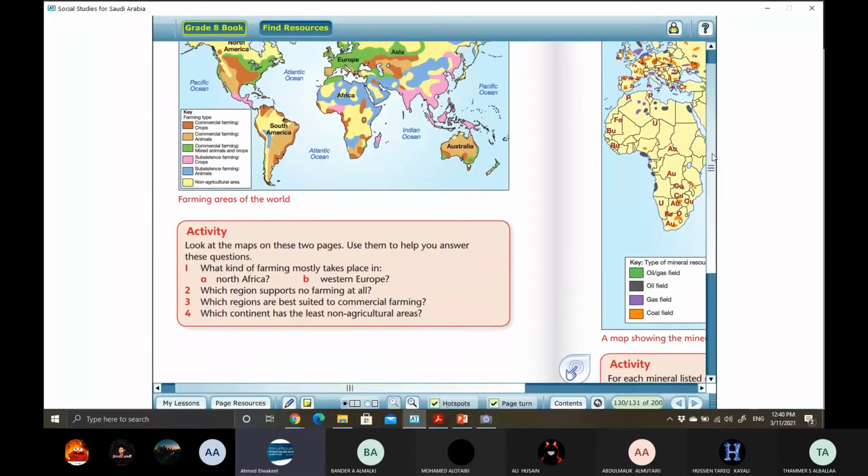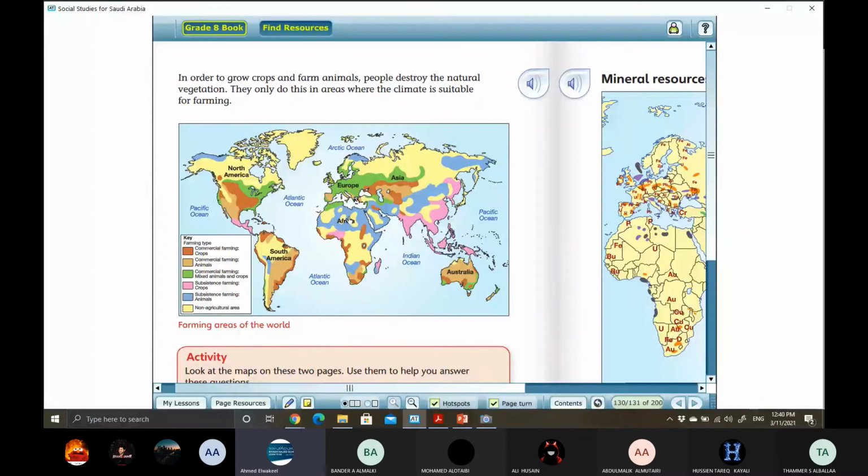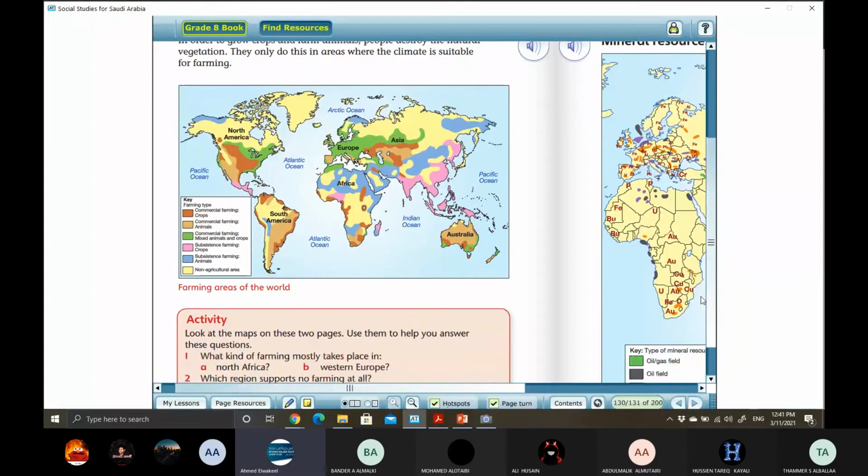Of course, most of North Africa is using the old method of farming, which is called subsistence farming. On the other hand, in southwest Europe, most of them are using commercial farming, because by using commercial farming, they will just be super rich, and they will also use machines in their own farms.